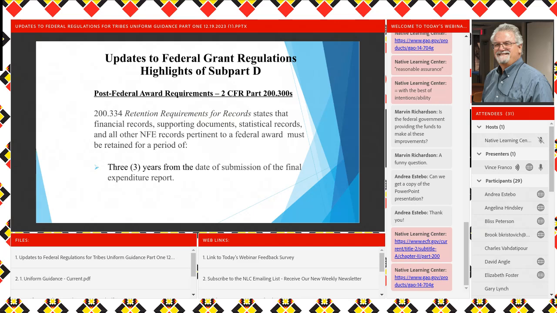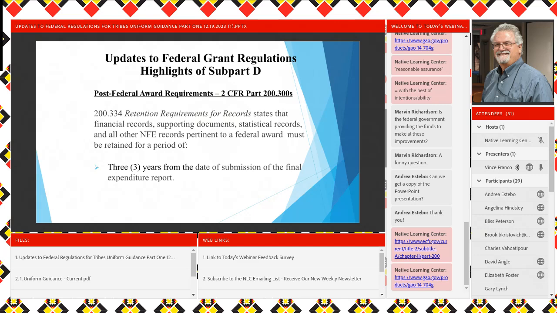You never know when you're going to be asked to provide electronic data or even hard copy data after a 3-year period. So 3-year retention of records, that's the letter of the law according to the uniform guidance, but I strongly recommend you lean more towards the IRS recommendation of at least 7 years, whether it's hard copy or electronic data.